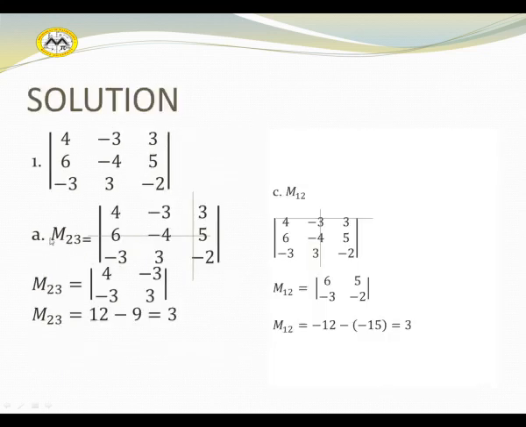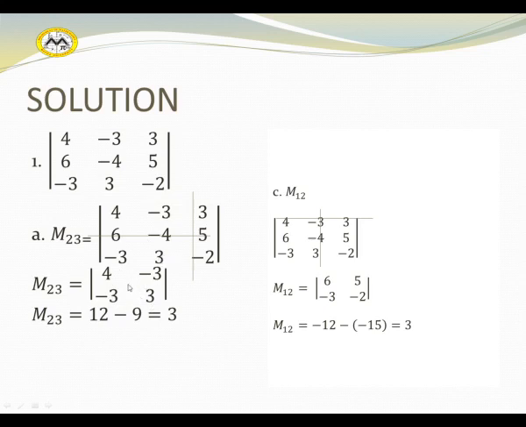First, what is the minor of the element at second row, third column? All we have to do from the given matrix is delete the second row and the third column, and the remaining elements will be considered as the determinant. The remaining elements after deleting the second row and third column are 4 and negative 3, which serve as the first column of the determinant, and then the second column is negative 3 and 3.